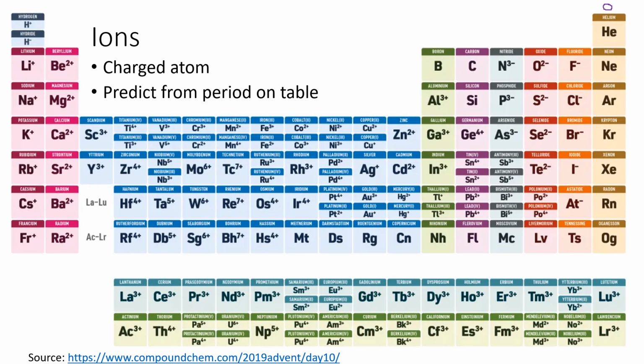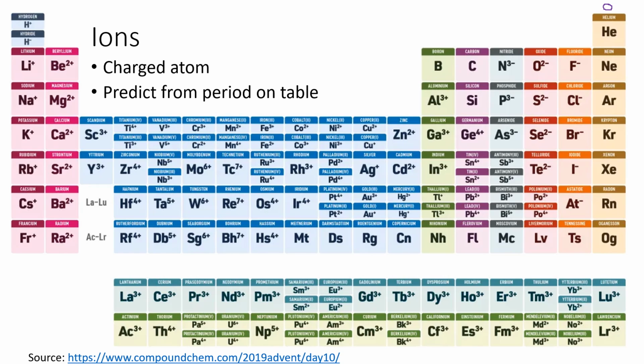They do not tend to ionize. Now that's a simplification. When you get down here to these big guys, it does change. But for our purposes for this course, you can say that the noble gases are unlikely to bond with anything. Okay?